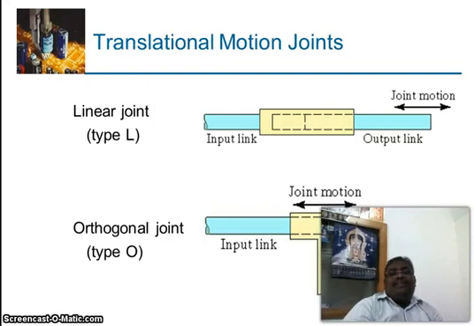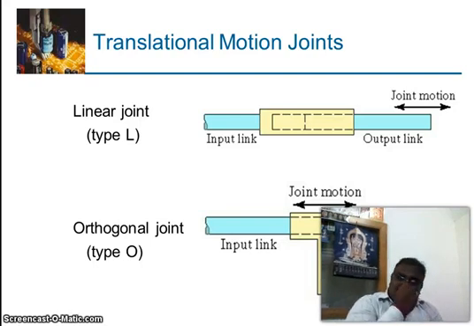This is the motion of joints. Here is a linear joint, where the motion will be in a linear manner only. The other linear motion is the orthogonal joint. In a linear joint the motion will be in an L type.